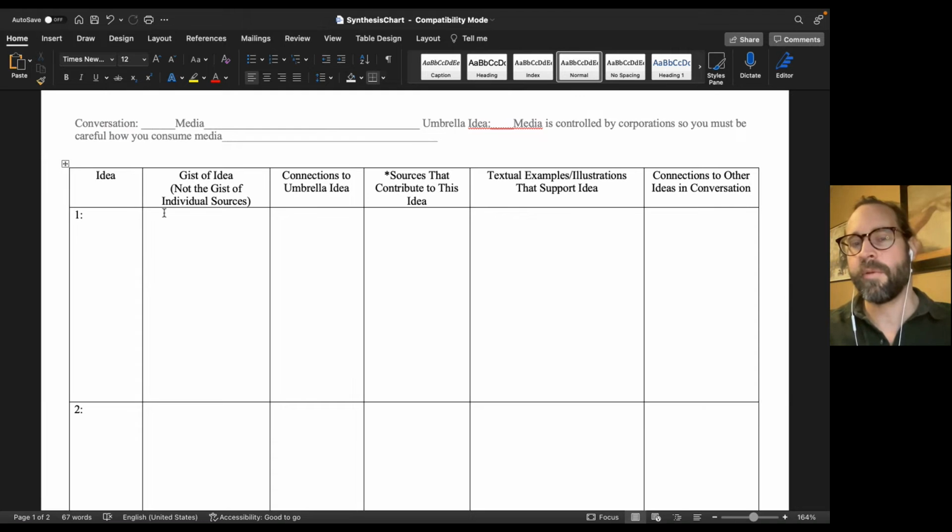And this outline is going to help you with that because you'll notice it's all focused by idea. So for the sake of example, we've still got our conversation. We're talking about media, how media is controlled by corporations and how you need to be careful how you consume it.